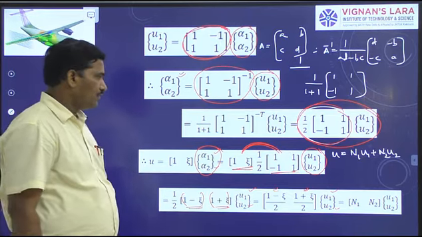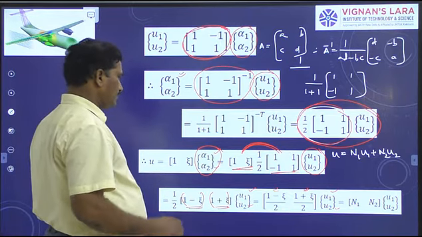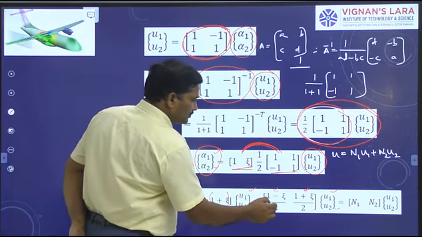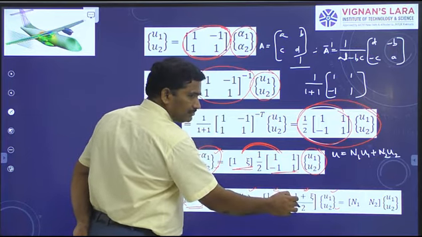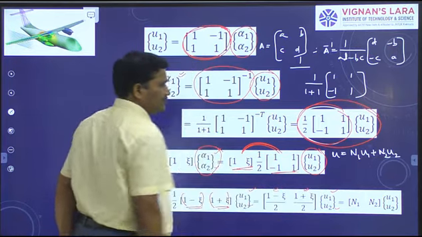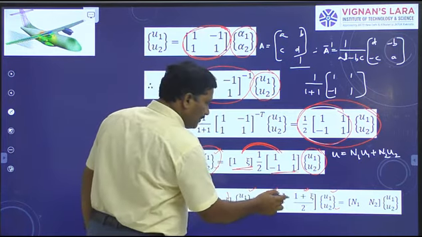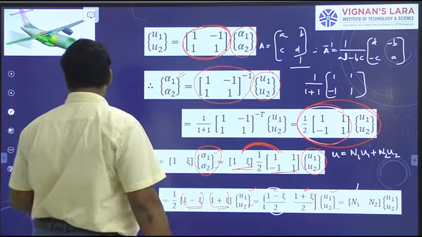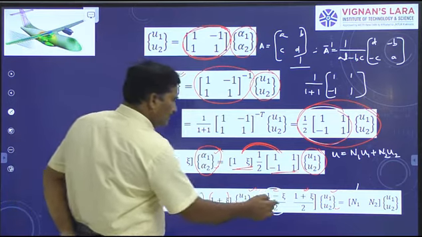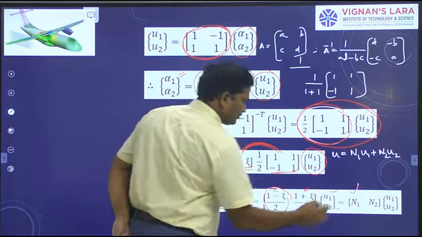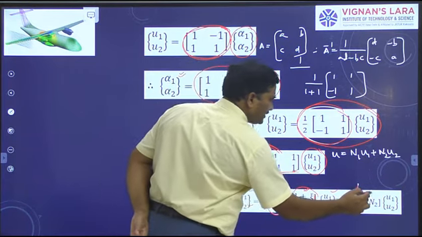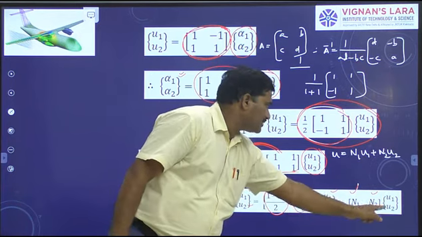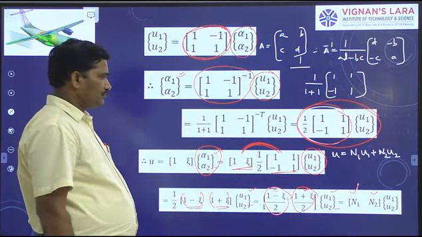Therefore, here I take u equal to 1 minus j by 2, 1 plus j by 2 into a column matrix u1 u2. This 1 minus j by 2, I say n1. 1 plus j by 2, I say n2. Therefore, a row matrix having elements n1 and n2 into a column matrix with elements u1 and u2.